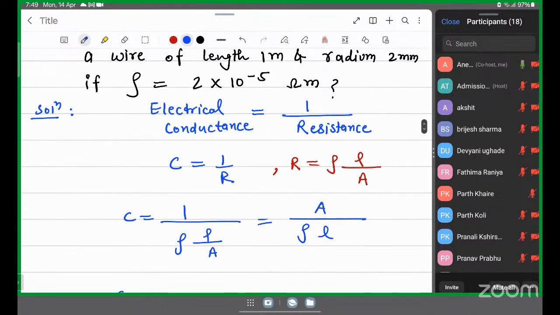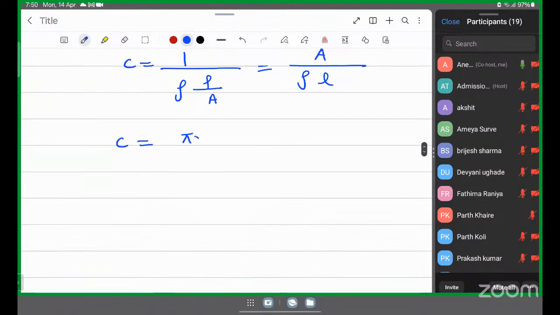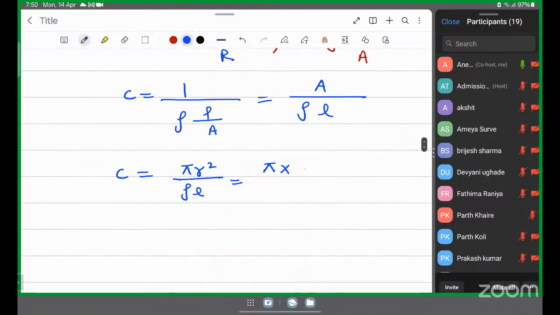If we have an electrical wire, its area will be pi r square, divided by rho into L. What is the value of pi? Let me write it as pi. What is the value of r? Radius is 2 mm, so we have to convert it into SI unit.